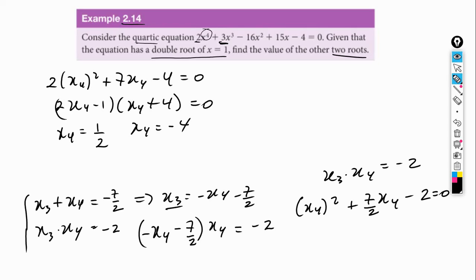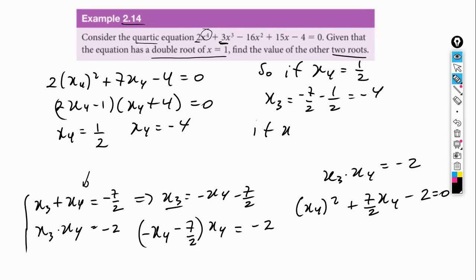So what happens when x4 is equal to 1/2? So if x4 is equal to 1/2, then notice that we can just plug that into this equation, right here, and we're going to get that x3 should equal -7/2 minus 1/2, and this is going to give us -4. And then we have the other case.